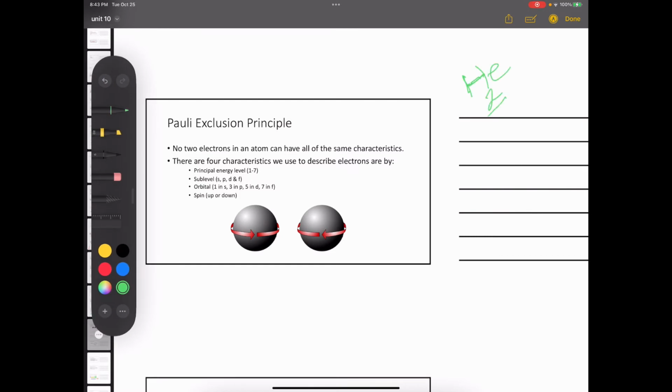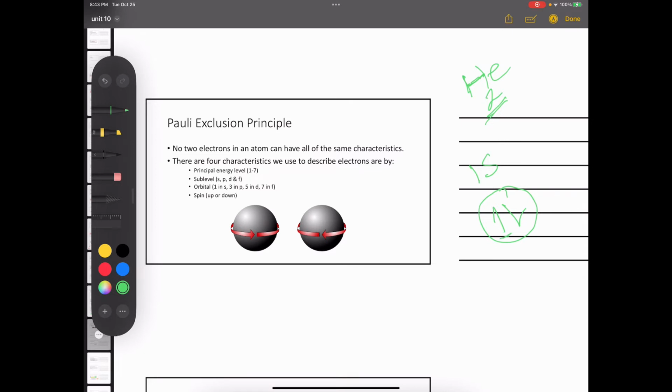has two electrons, so they will be sitting on the first potential energy level, which is the 1s. Here's the sphere of the 1s, and here's the first electron. The second electron will be pointing downward. So even though this helium atom has two electrons, these two electrons are still unique to each other and are not the same.